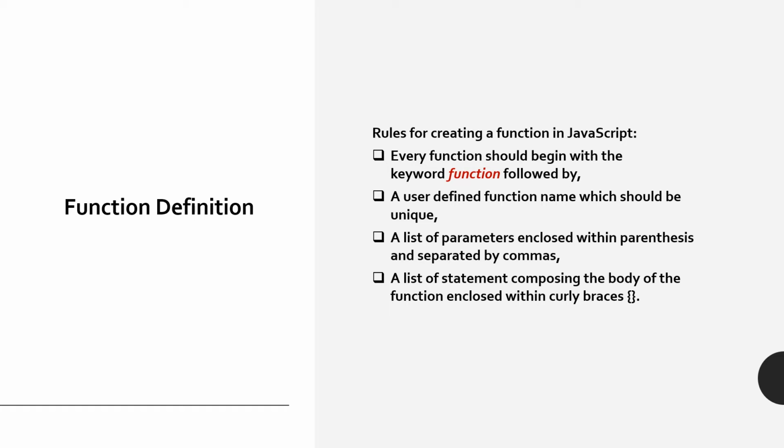Let's see how to define a function and what the rules for creating a function in JavaScript are. Every function should begin with the keyword function. While defining user-defined functions, we have to use a unique name.